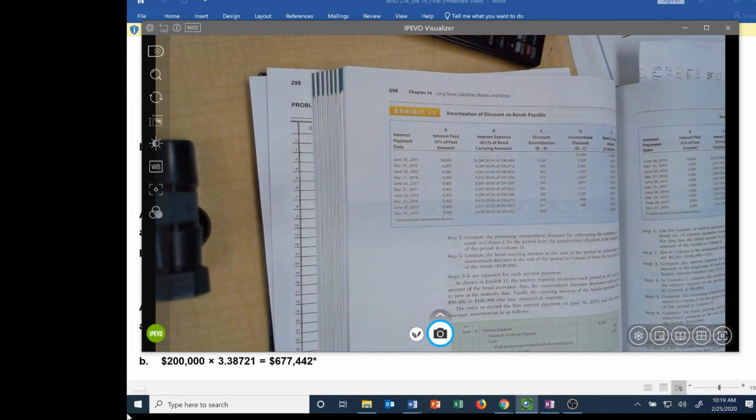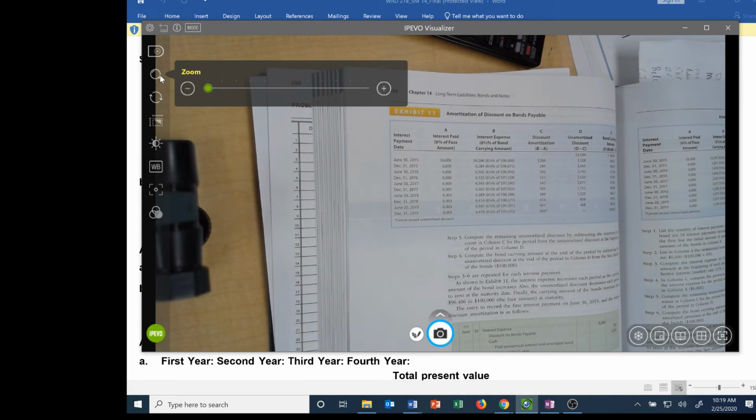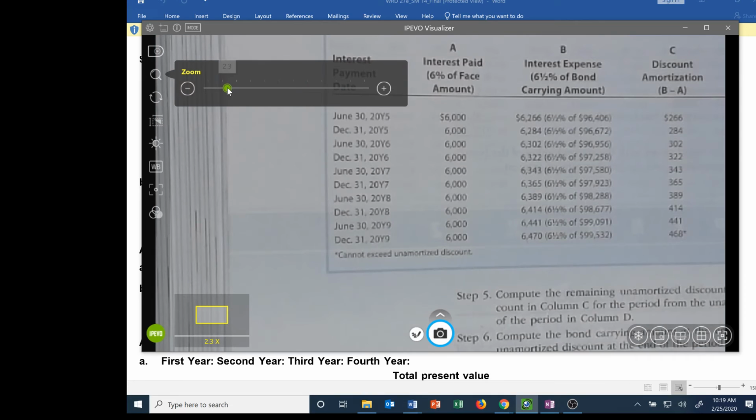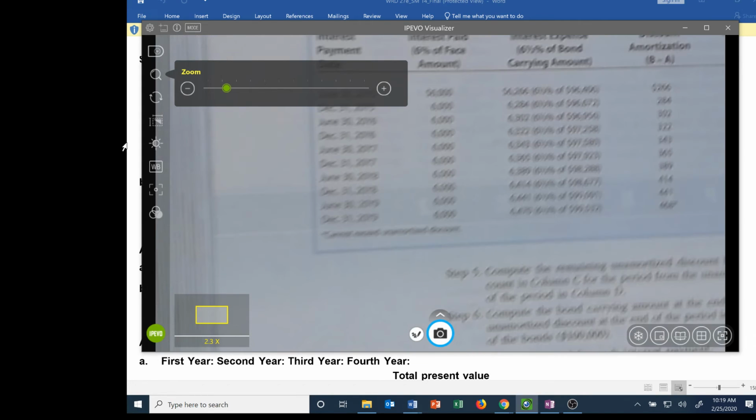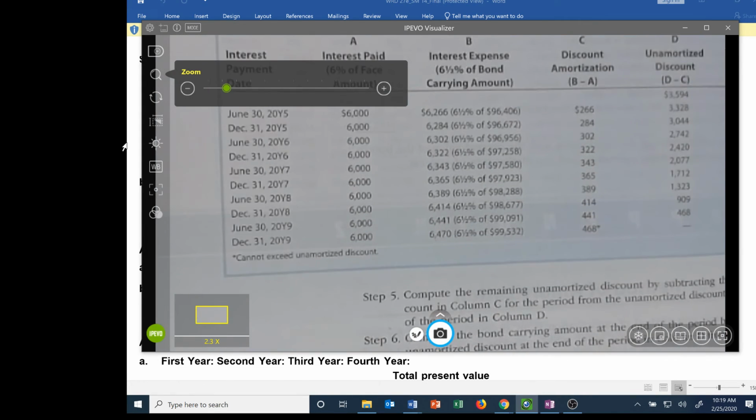Here are your columns for the interest method for a discount.